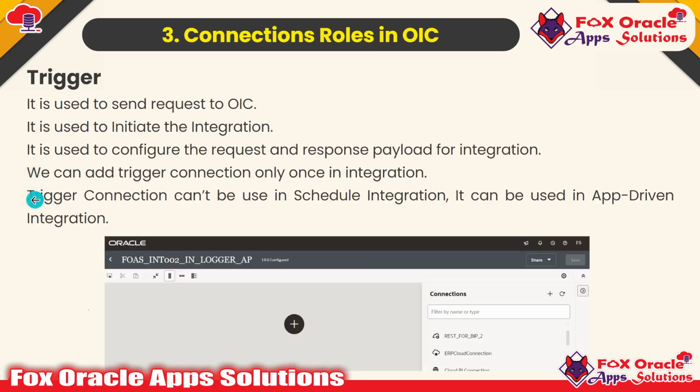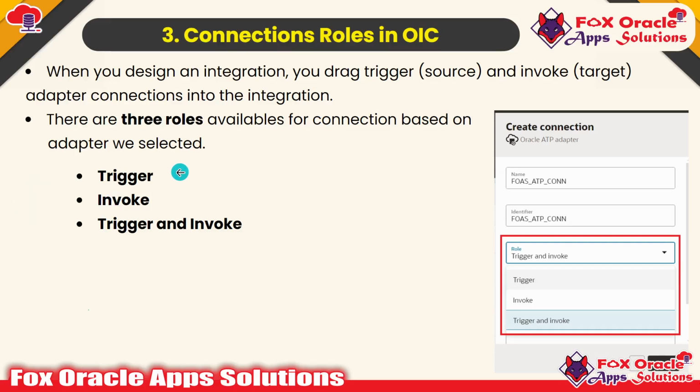So in OIC, we have a total of three roles for connections: trigger, invoke, and trigger and invoke. The basic difference between trigger and invoke is that in a single integration there can be only one trigger connection, but there can be multiple invoke role type connections.